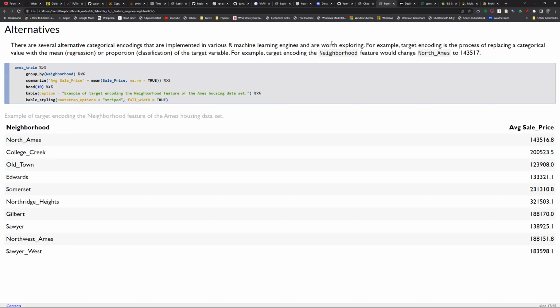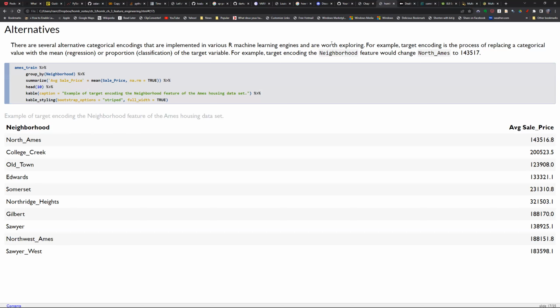It's more for ordinal types of categorical labels. If you are nominal, then you should go one-hot or dummy encoding or other methods that we're going to be discussing.